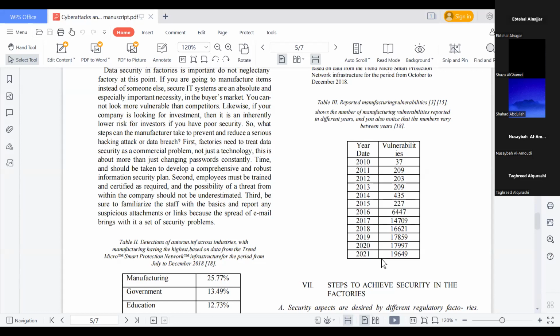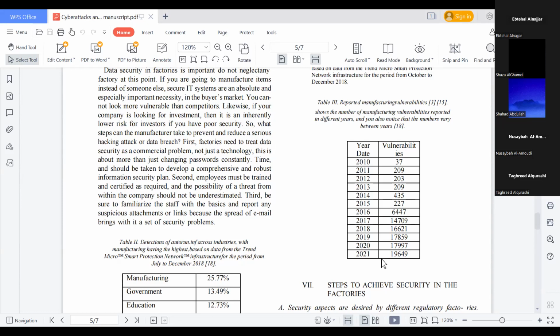Also, we mentioned some security to achieve in future factories. There are four steps. The first is to evaluate the security needs of factories. The second step is to devise a complete approach and plan that covers all aspects.